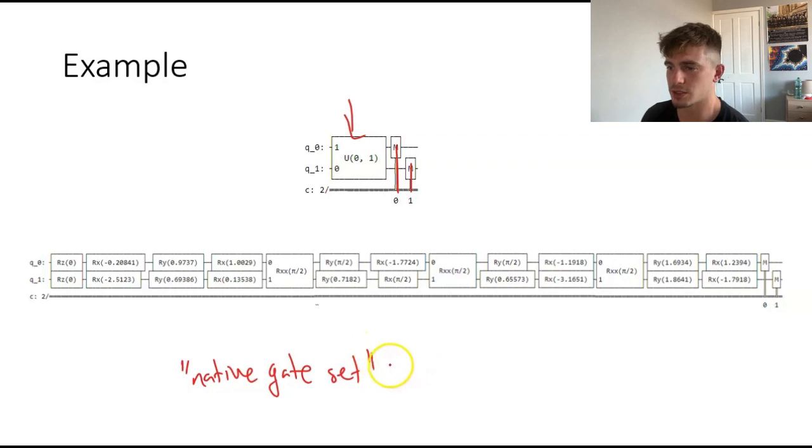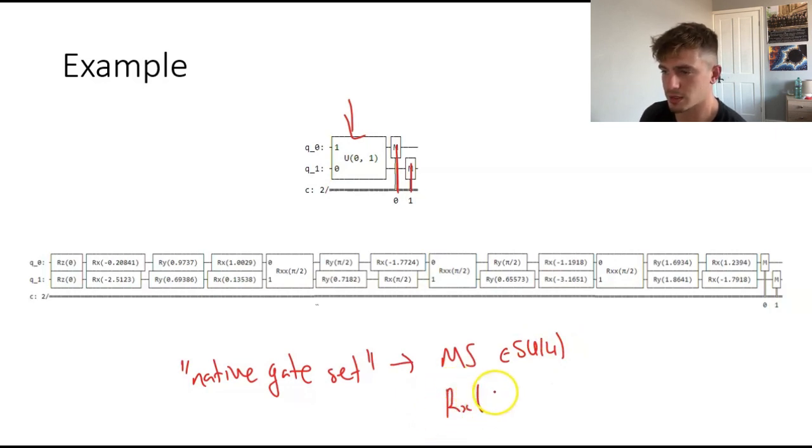In the case of a trapped ion quantum computer, what we have access to is a Mølmer-Sørensen gate, which is the 2-qubit gate, so it belongs to SU(4). And then we also have arbitrary rotations about the x-axis and the y-axis of the Bloch sphere.